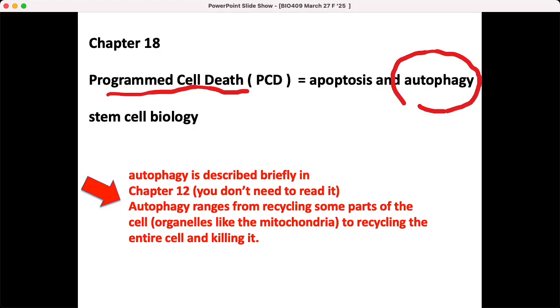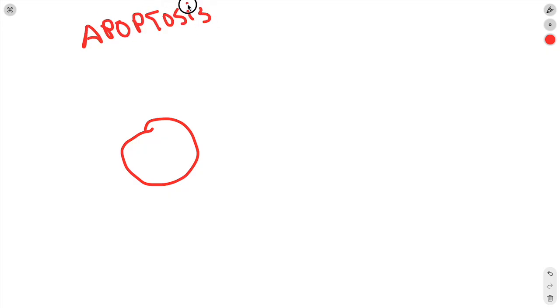So autophagy and apoptosis. And you can distinguish them by drawing the cell. And so here's a cell that's going to die. And for apoptosis, what's going to happen is that the cell is going to die, so this cell dies.